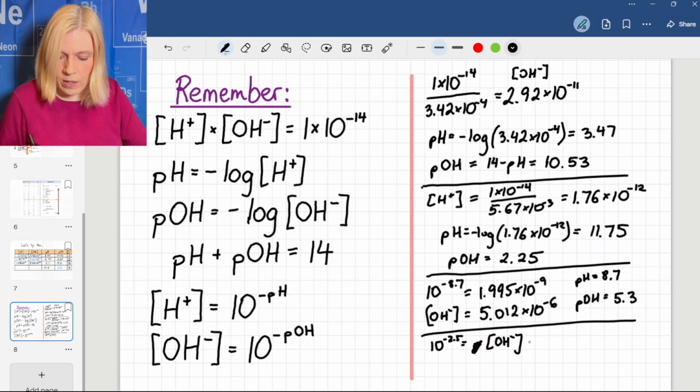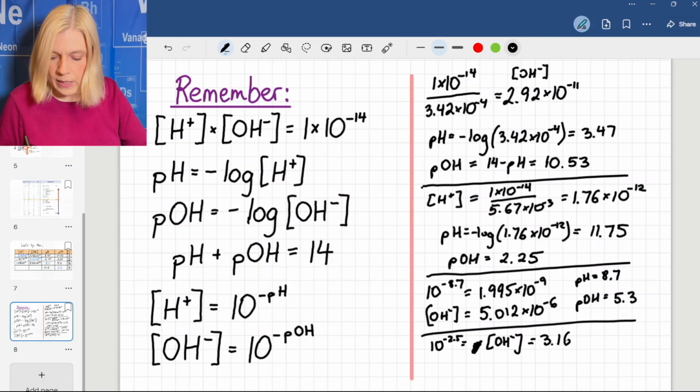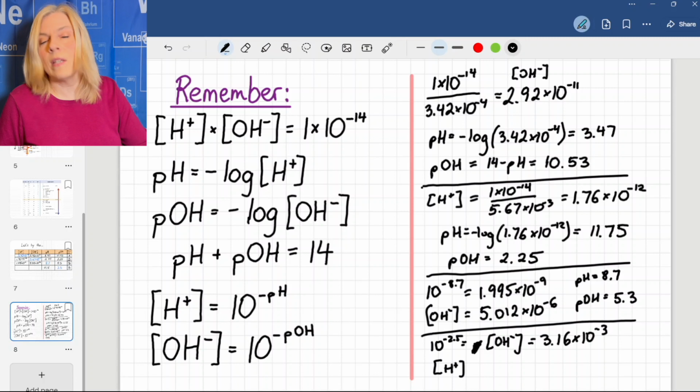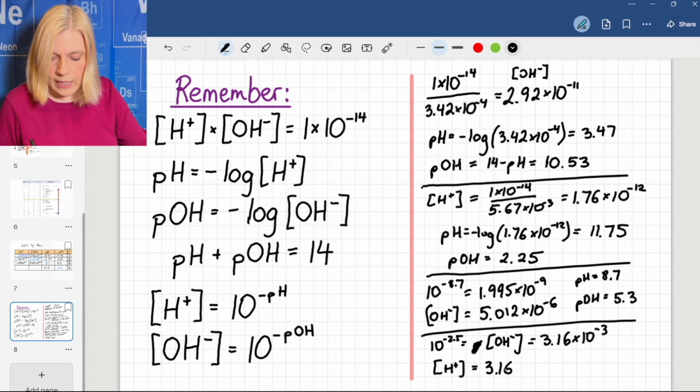My OH minus concentration is going to be 3.16 times 10 to the negative 3. And then my H plus, I can do 1 times 10 to the negative 14 divided by this number. I'm going to get 3.16 times 10 to the negative 12.